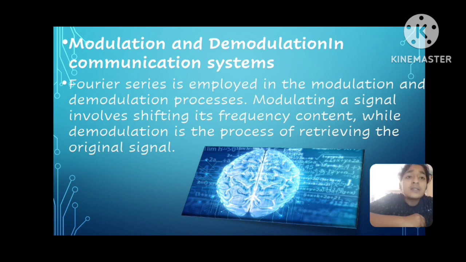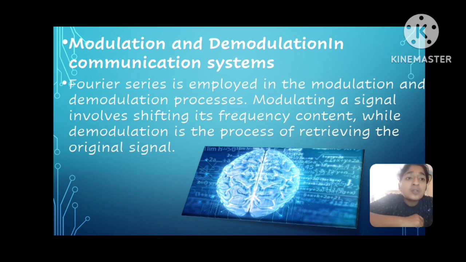In electronics, there are two: one is the modulation system and another is the demodulation system. Let's go through one by one. The Fourier series is employed in the modulation and demodulation process. Modulating the signals involves shifting their frequency content.